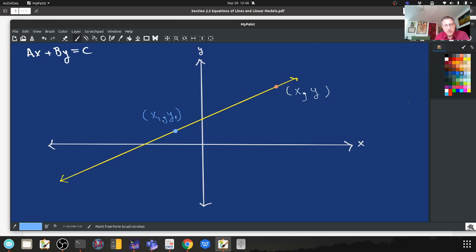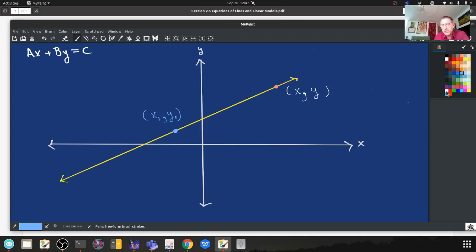Now when we put subscripts there, it means x1 is a known value and y1 is a known value. But up here, the x and the y just stands for some generic point on the line.